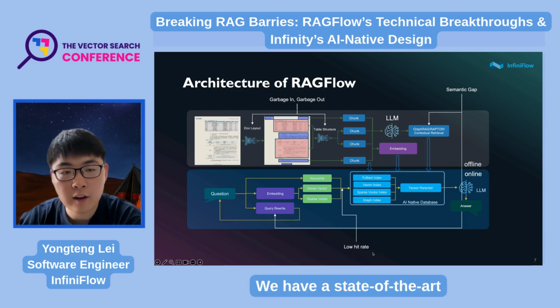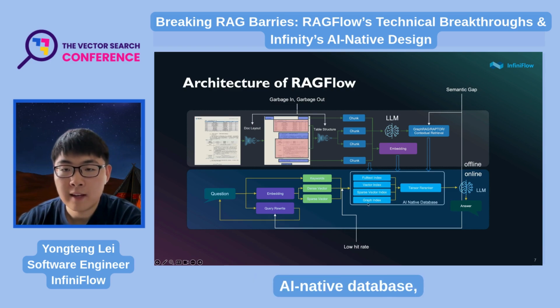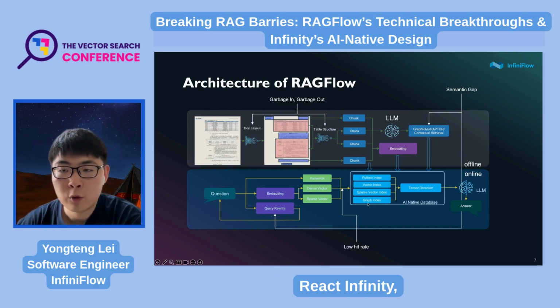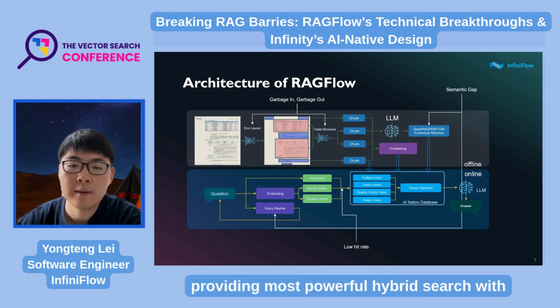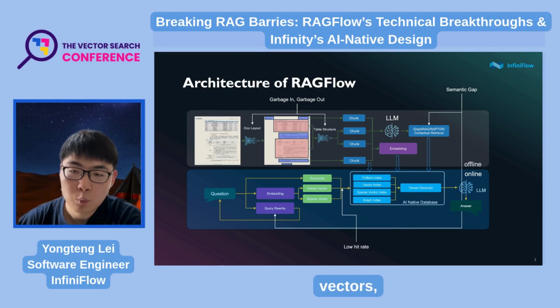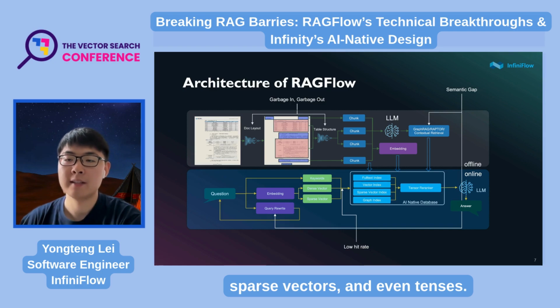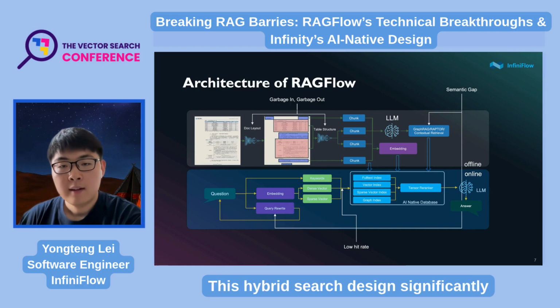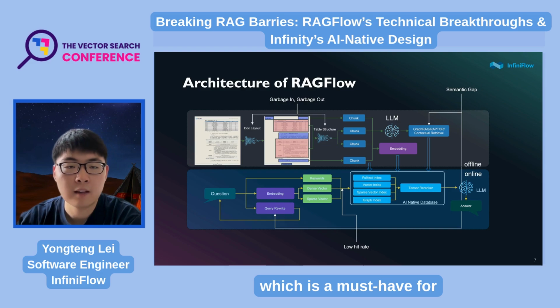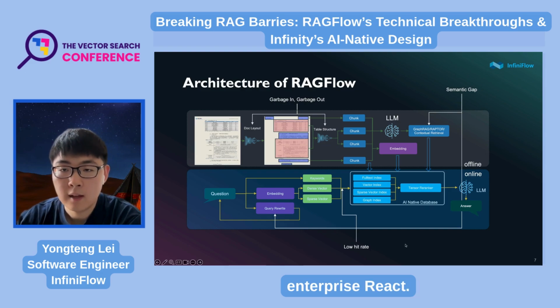We have a state-of-the-art AI native database, which is designed dedicatedly for RAG, Infinity, providing the most powerful hybrid search with fused ranking, including full text, vectors, sparse vectors, and even tensors. This hybrid search design significantly boosts hit rate, which is a must-have for enterprise RAG.